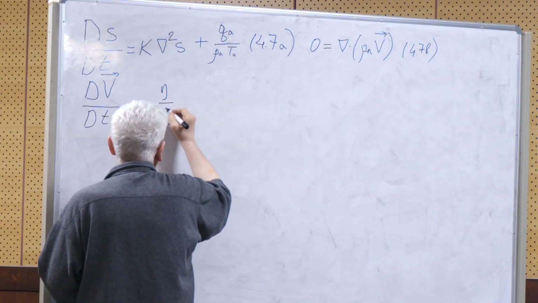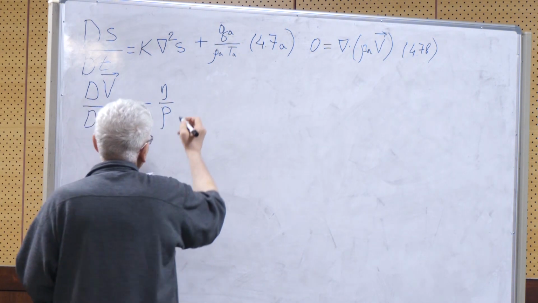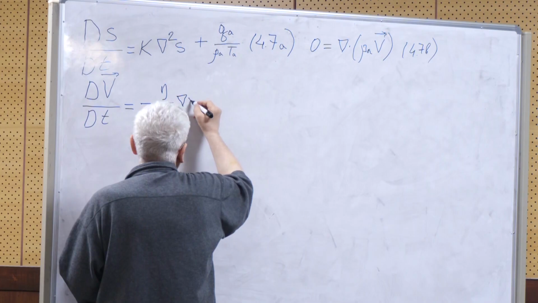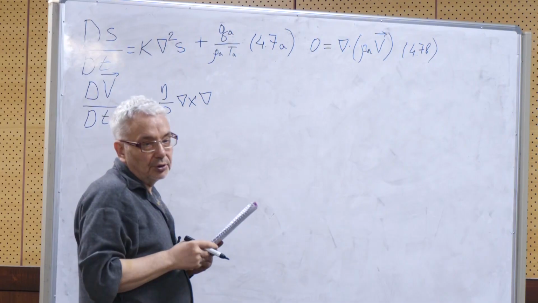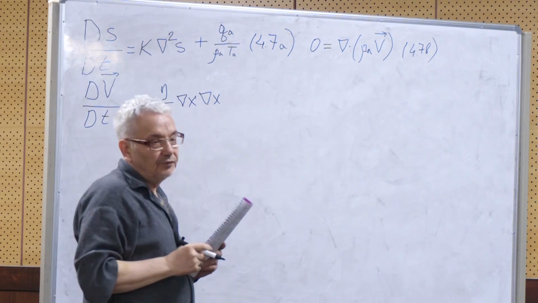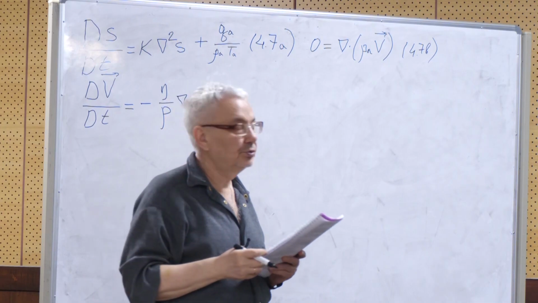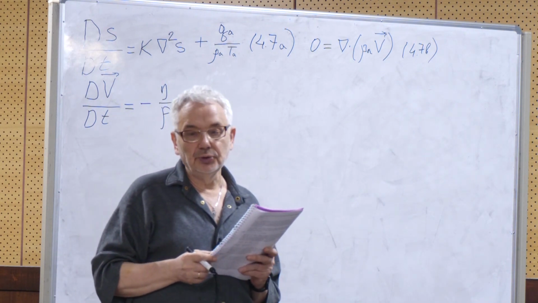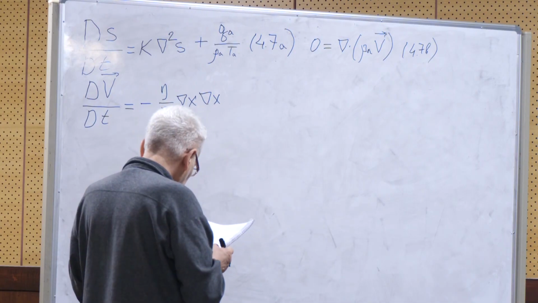The first contribution is viscosity related to the strain tensor, and it's better represented not via the Laplacian but the double rotor, because then you have a better understanding of how this vector value is actually working. If you use the scalar Laplacian, it will not be true.